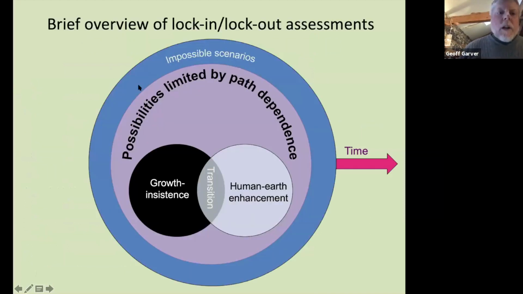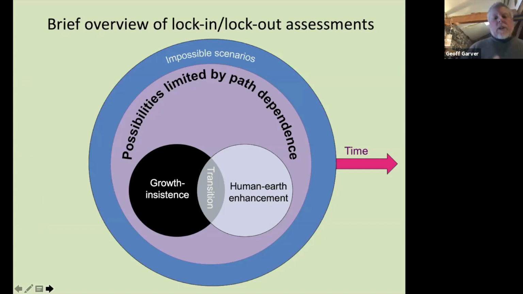I've developed what I'm calling lock-in and lock-out assessment, which is really an analysis of how hard some of the obstacles to a regime of ecological law and policy and governance are to overcome, and how resistant the current system is to putting in place some of the features of ecological law that we would want to have in them. So some things are locked in, we want to get rid of. Some things are locked out, that we want to have.